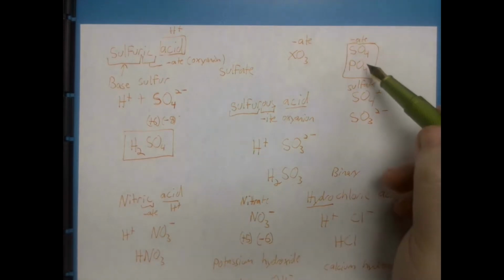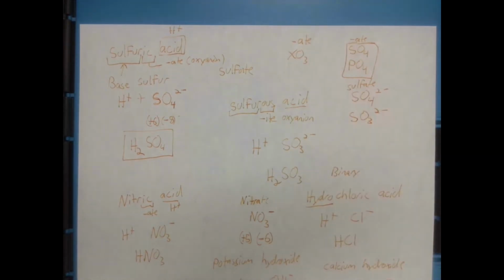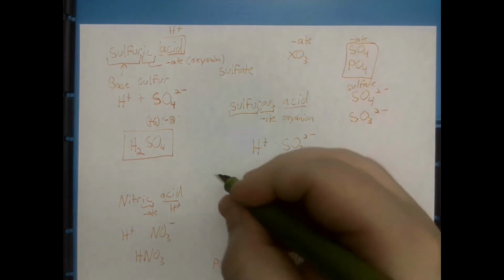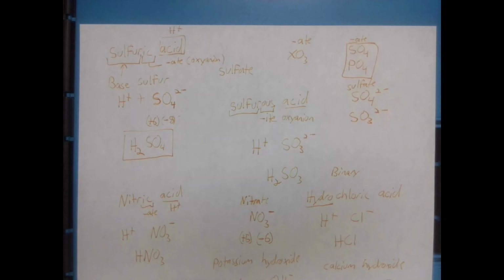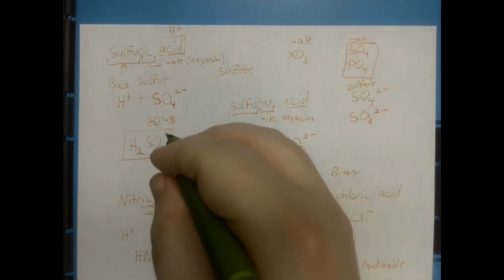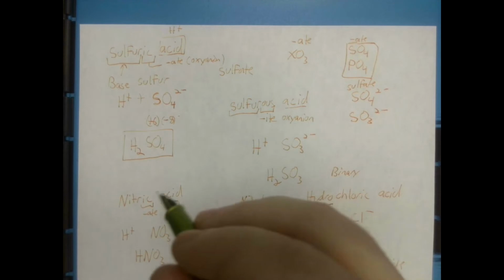If you remember, these are the 2 common exceptions. Everything else is O3. A lot of times you'll walk into a closet and you'll see the word sulfuric acid labeled on a bottle. And a lot of times you have to think, alright, I need to mix an acid with its base to neutralize it.